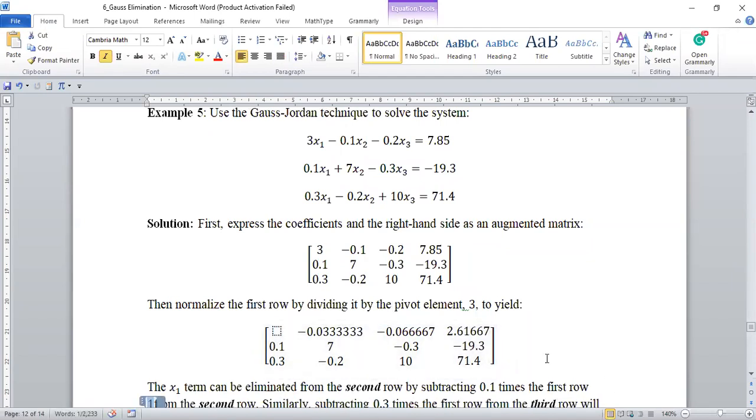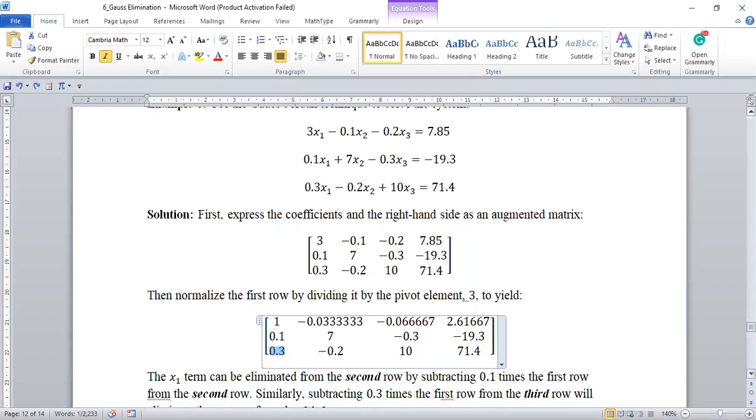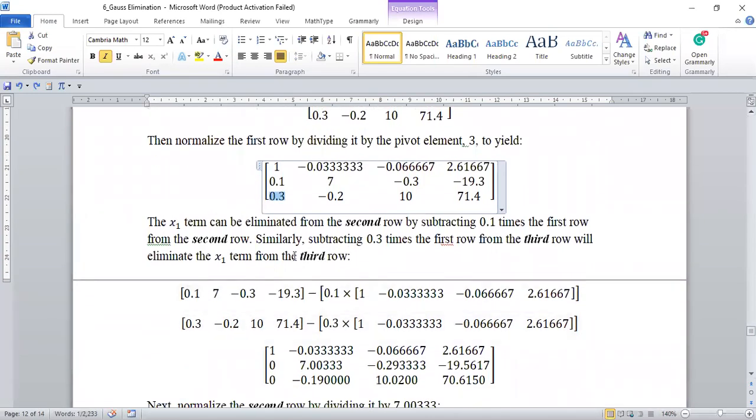Then the next step is to make this become 0, and to make this become 0. So how are you going to do that? In order to make this one become 0, you're going to multiply the first row by 0.1, because this 0.1 you want to become 0. So you multiply the first row by 0.1.